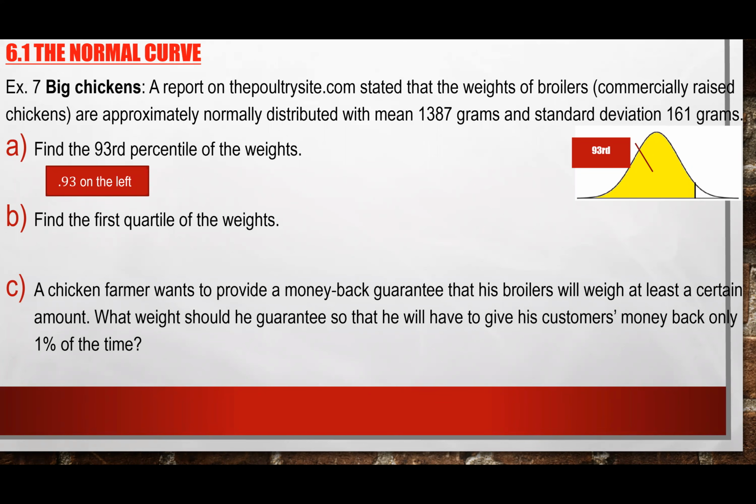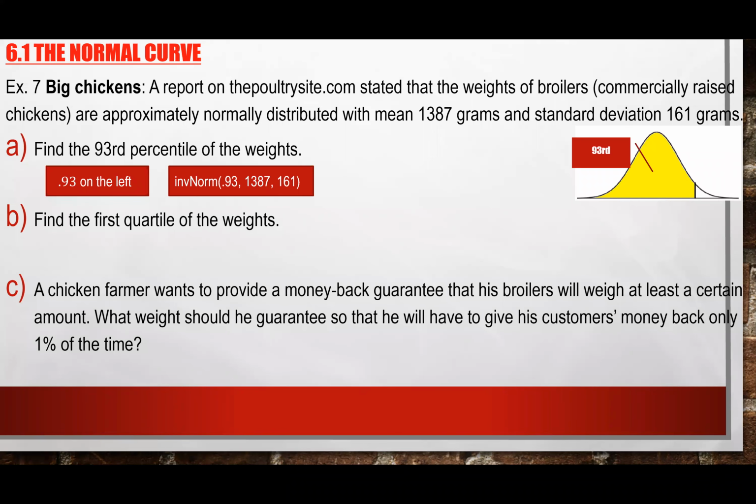The only thing changing from the previous problem is that your mean and standard deviation are different, because in this case this is the weight of the chicken, and last time it was the score on the test. So the number is different. In this case, we have 0.93, comma, 1,387, comma, 161.